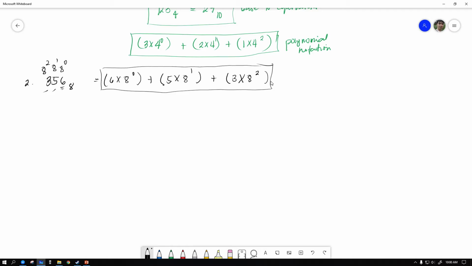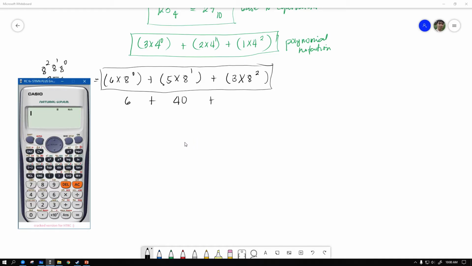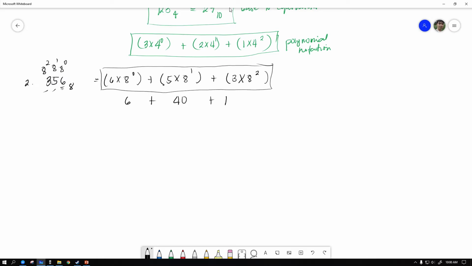And then for its decimal equivalent, 8 to the 0 is 1, so this becomes 6 plus 8 times 5, which is 40. And then 8 times 8 is 64, and 64 times 3 is 192.